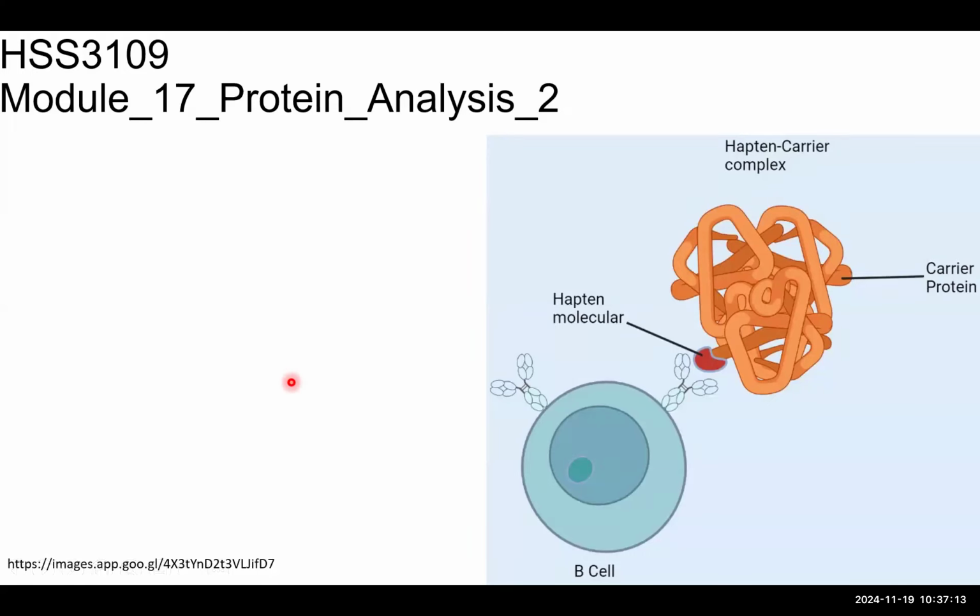Okay. So in the previous lecture, we described some basics about the B cells generating antibodies toward pathogens. And this eventually revolutionized how we study proteins and how we analyze the proteomes in a particular setup.